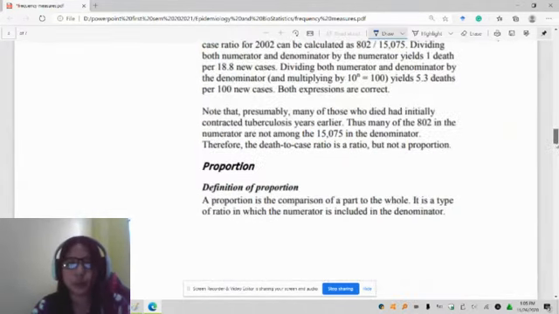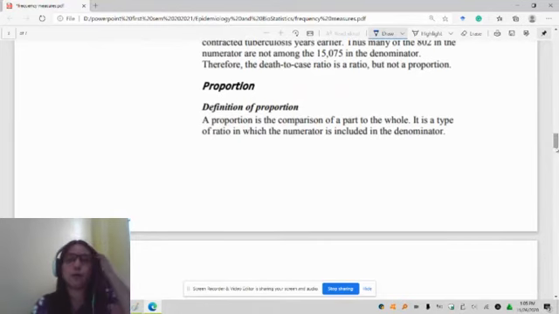Now, if we are going to move to another commonly used frequency measure, that's the proportion in comparison to ratio. For ratio, we can actually use any variable. As mentioned, just like with the previous example, the death to case ratio, the number of deaths and the number of new cases, and also other previous examples on the number of clinics and the number of persons in a city.